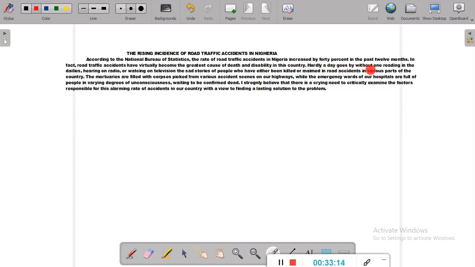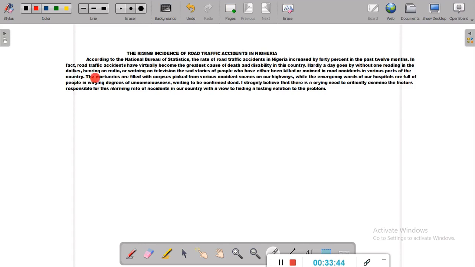Hardly a day goes by without one reading in the dailies, hearing on the radio, or watching on television the sad stories of people who have either been killed or maimed in road accidents in various parts of the country. See, so we are gradually giving the reader a picture of how bad the situation is.